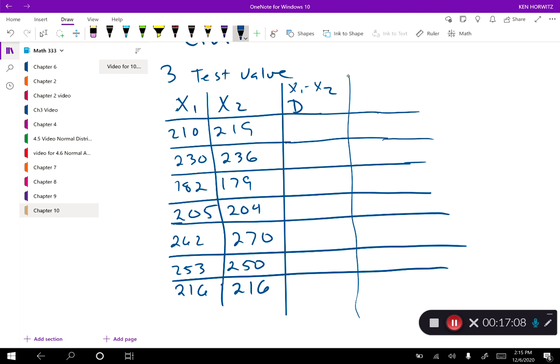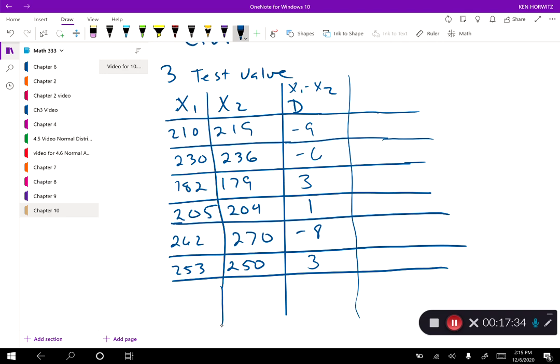The first difference would be 210 minus 219, which is -9. Then -6, then 3, then 1, -8, 3. Oh, I missed a piece of data. This is one of the things that could mess you up if you miss a piece of data.